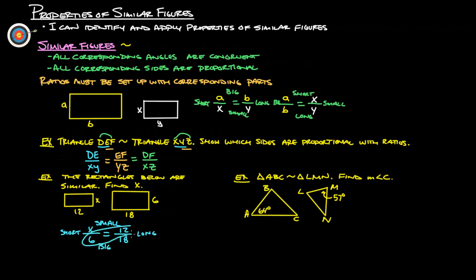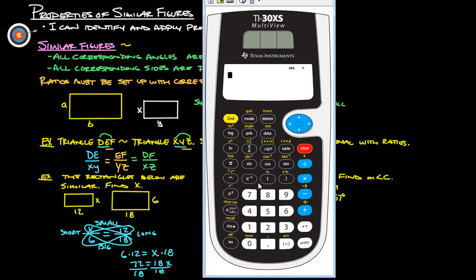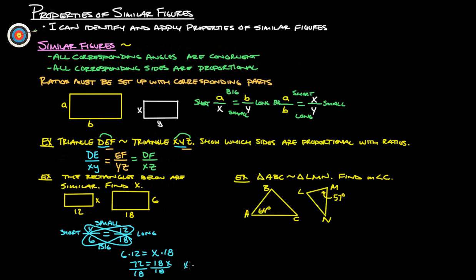So 6 times 12 equals x times 18. That's 72 equals 18x. Divide both sides by 18. We get 72 divided by 18, so x equals 4. Let's make sure that's what we're looking for. Yep, find x: x equals 4.